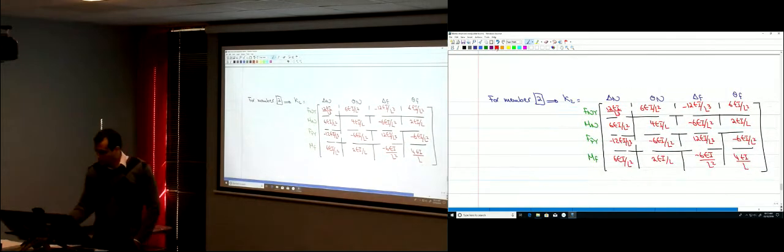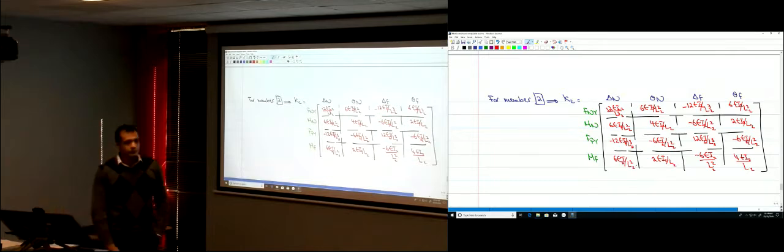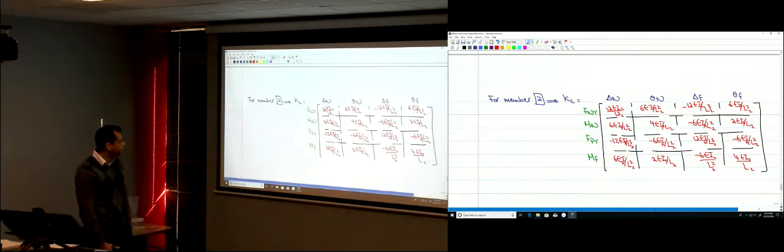But when I put EI, I have to use EI and the length of member 2. Okay? This is member 2. It has a different length, has different EI. You have to use the EI and the length of member 2.